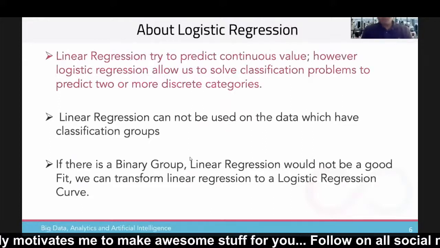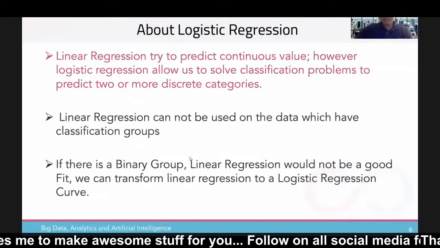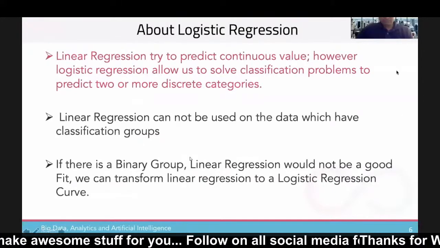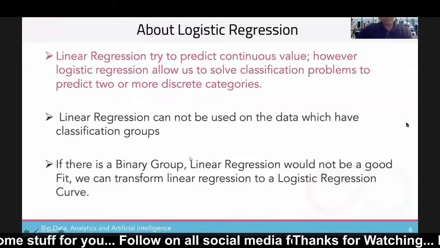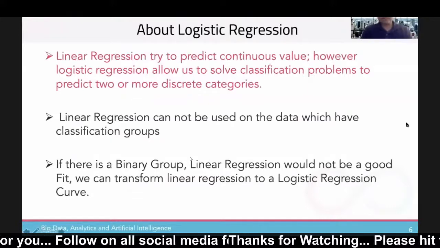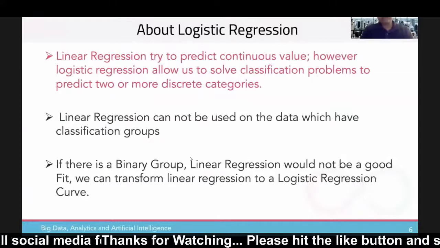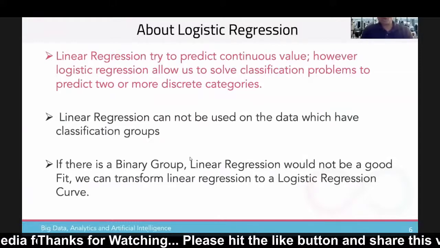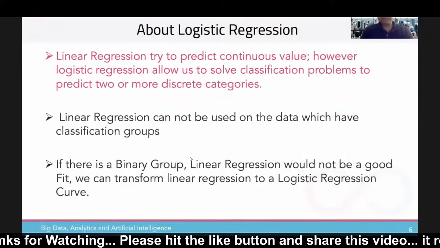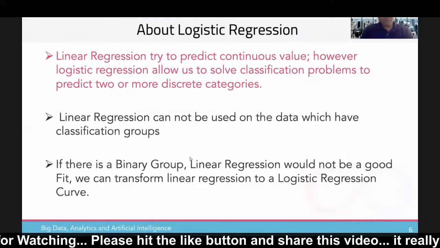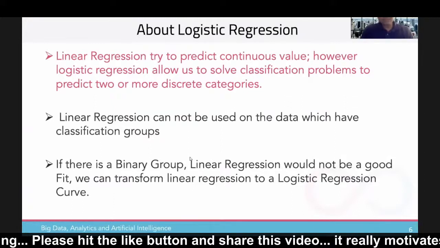Let's start with linear regression first. Linear regression tries to predict continuous values. However, logistic regression allows us to solve classification problems to predict two or more discrete categories. I want you to emphasize this.